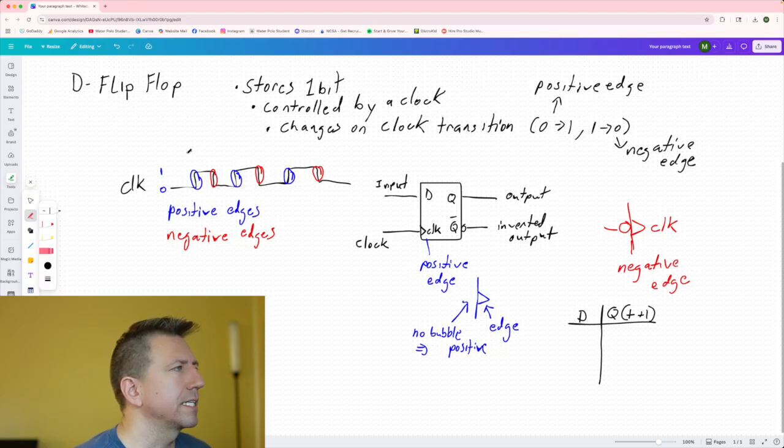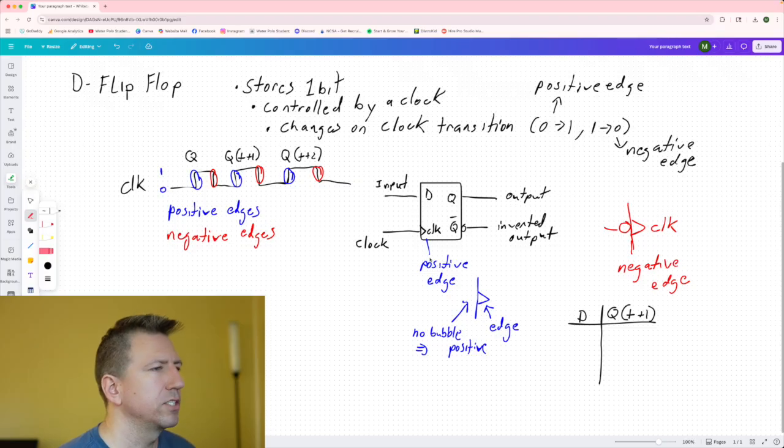So this is Q, this one would be Q at time plus 1, and this one would be Q at time plus 2 on each of these transitions. So we're looking at what happens at Q of time plus 1, referencing the previous Q.